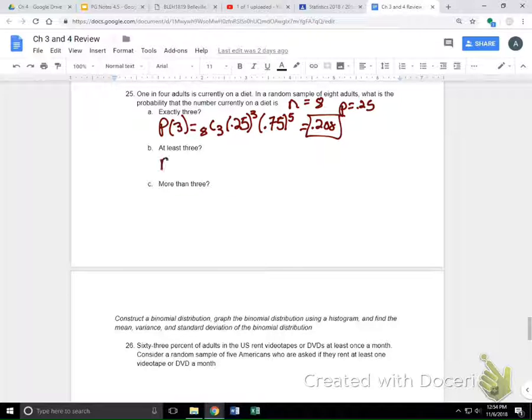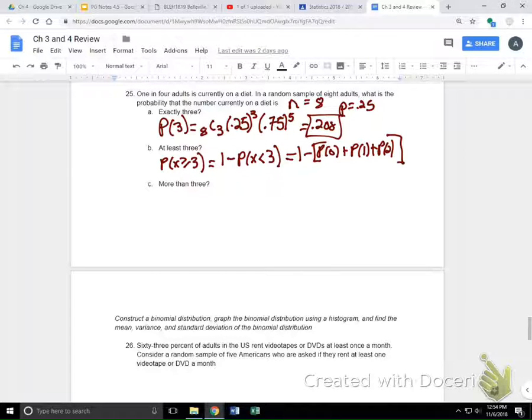At least 3. We can write that out as P of x is greater than or equal to 3, because at least means that that's going to be the lowest number. That's the same as 1 minus the probability that x is less than 3. So I wrote this out as 1 minus the probability of 0 plus the probability of 1 plus the probability of 2. So I'm using the complement to find the probability I want.